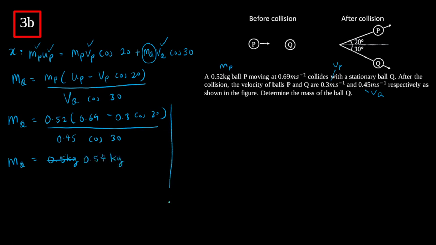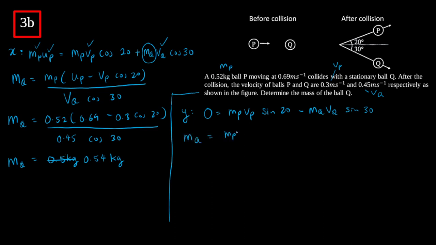Now, the problem is that if you consider the y direction instead, where the equation is 0 equals mp vp sine 20 minus mq vq sine 30, I'll just rearrange that so that I'll have mq on the left hand side.